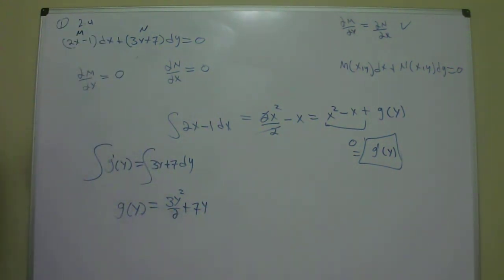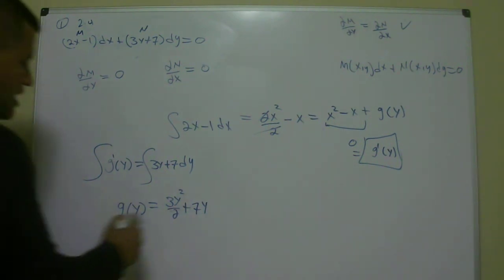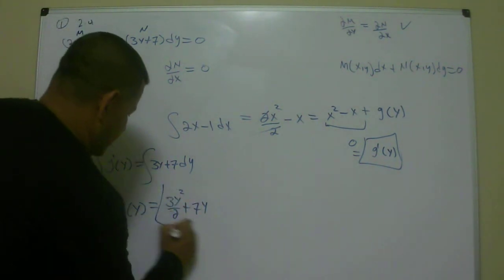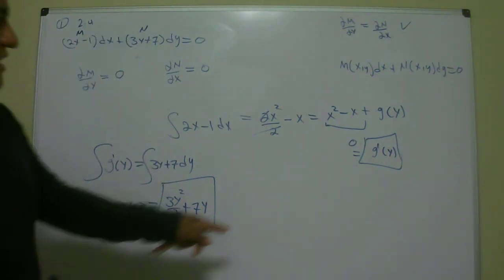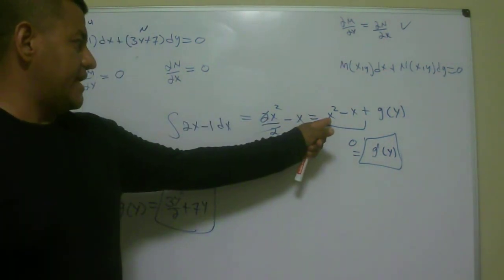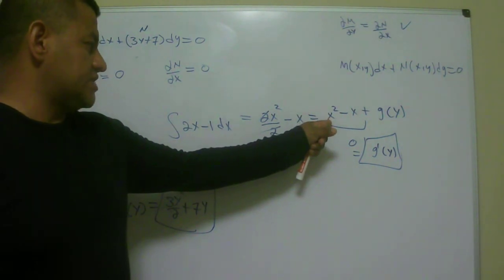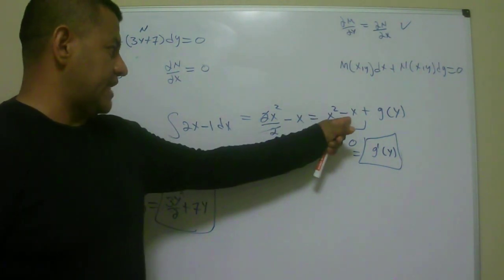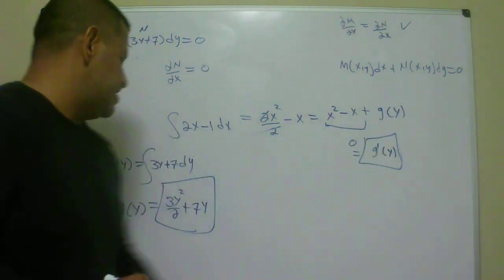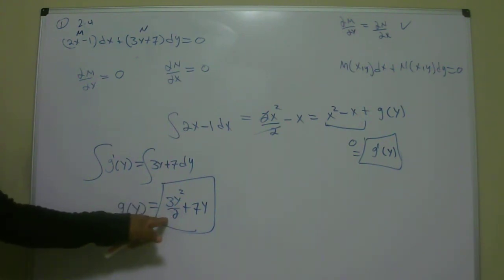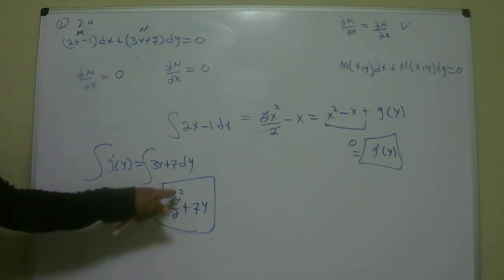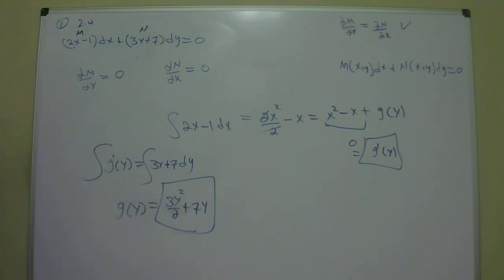Now, what did I have in the integration before? I had x squared minus x plus g of y. Now I know that g of y is equal to 3y squared over 2 plus 7y.